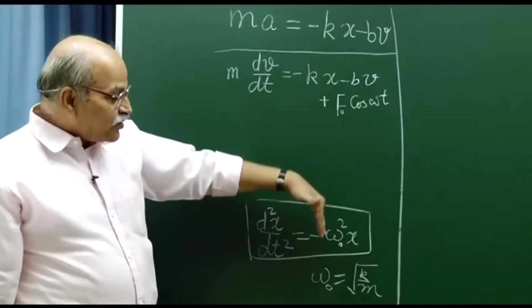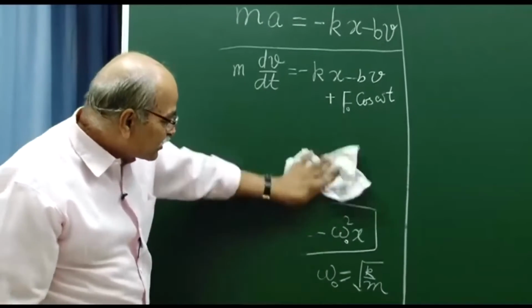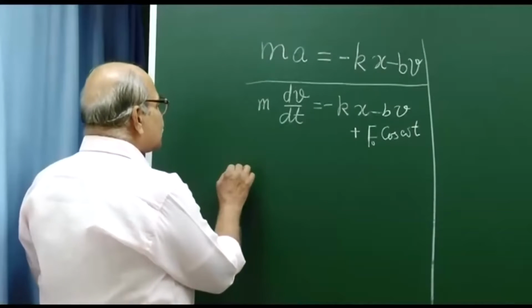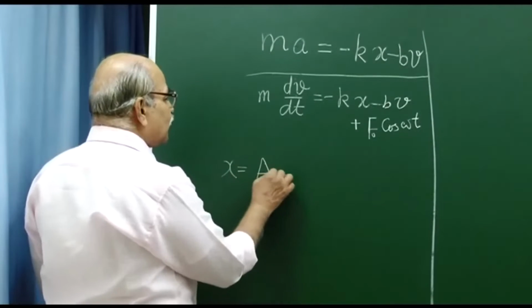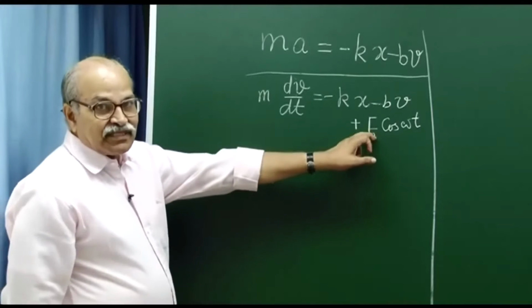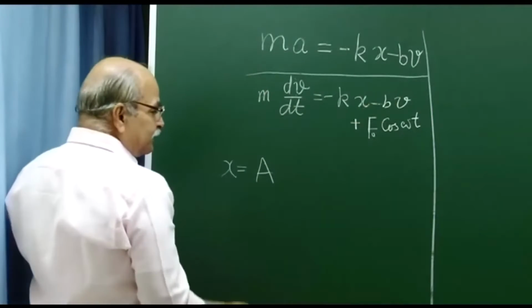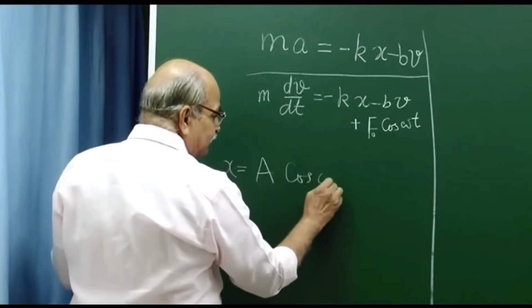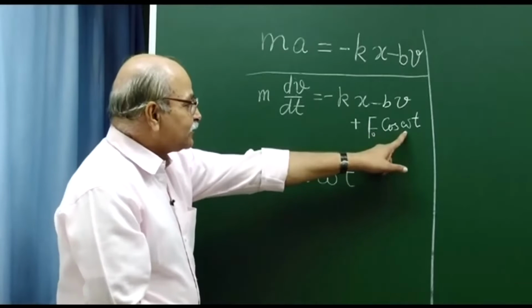Then your equations are modified, but finally your x turns out to be some constant, which will depend on how much is f naught, how much is m, and how much is b, times cos of omega t.